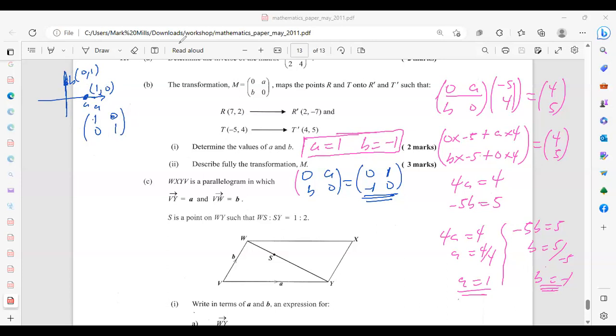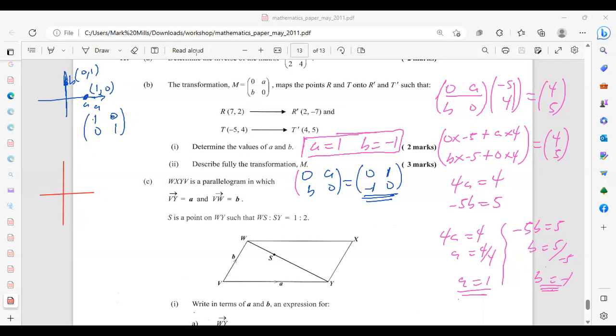So I want everybody to observe what has happened right here. The A was here now.